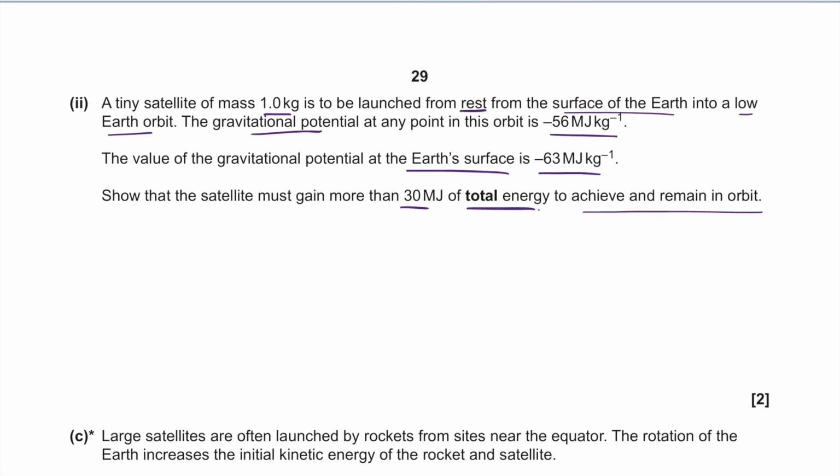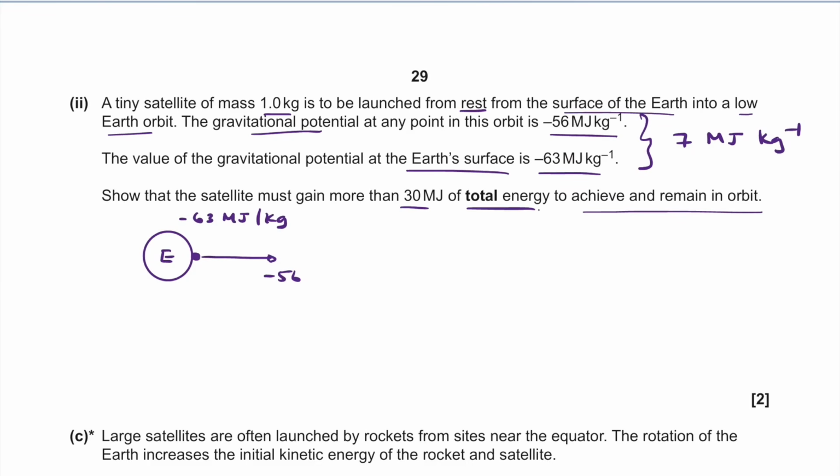Okay, so imagine that you have the Earth over here, and at the surface of Earth we have a gravitational potential of minus 63 MJ per kilo. Then it is moved into an orbit where the gravitational potential is minus 56. If we look at the difference between the two numbers, it is simply 7 megajoules per kilo.